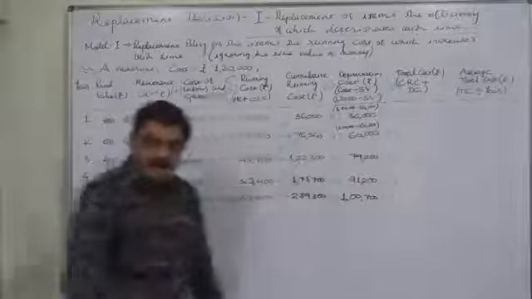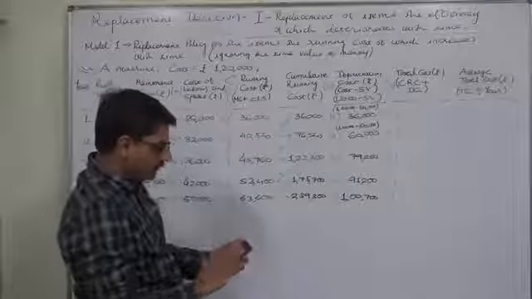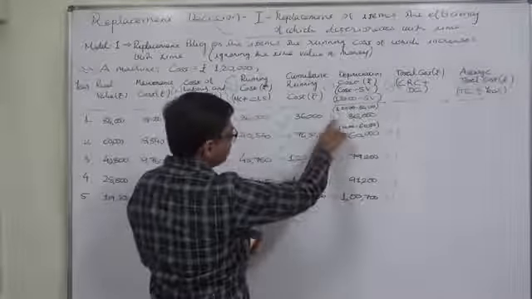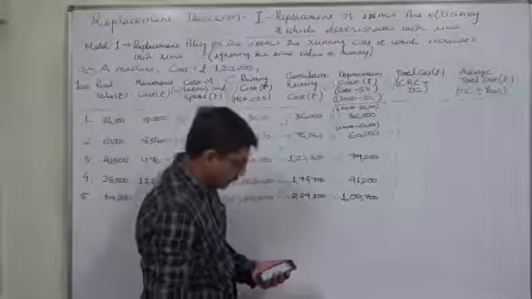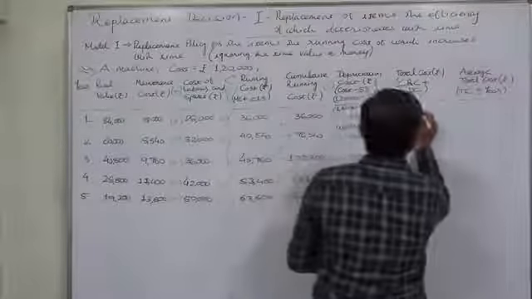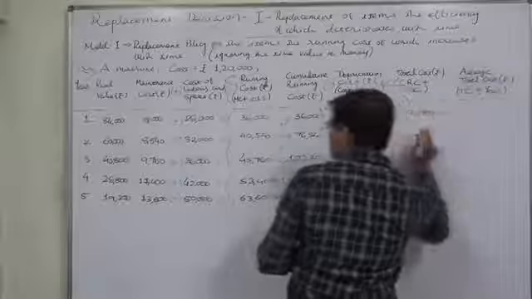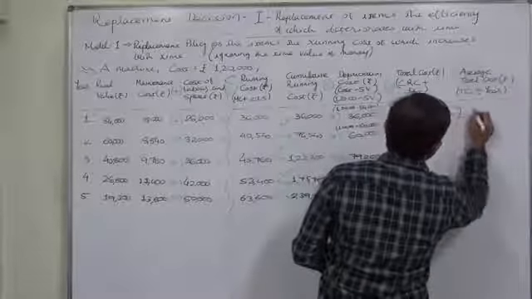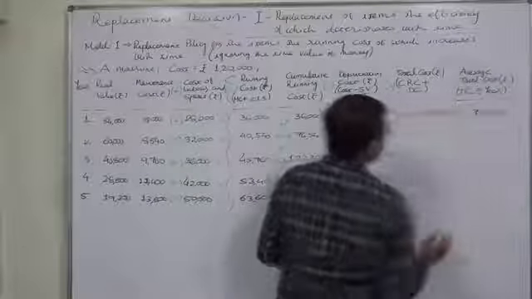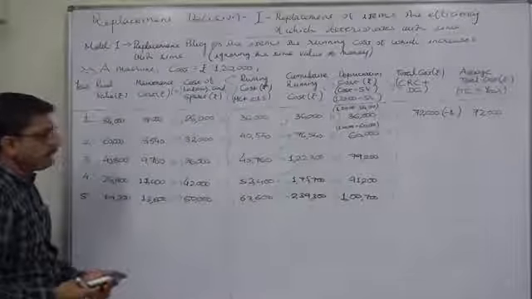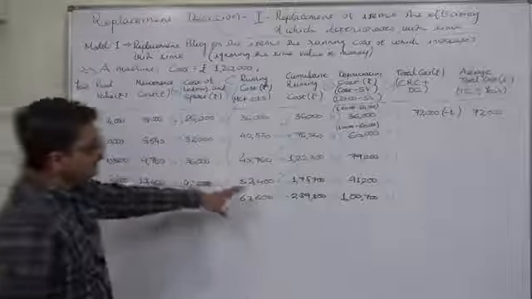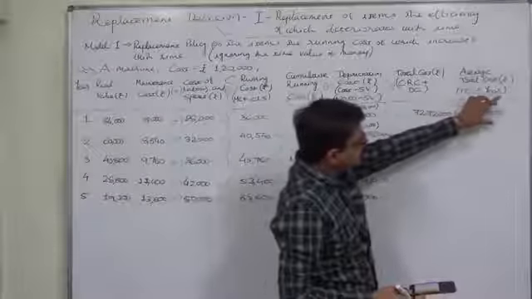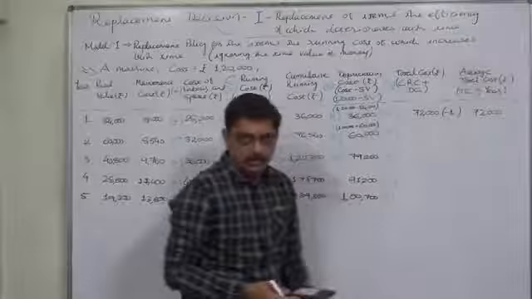The result will be average cost. Now for the first year 36,000 plus 36,000, the total cost comes to 72,000. It is for 1 year only, so we have to divide it by 1. The result is 72,000. The interpretation is, if we use this machine for 1 year, the total cost we have to incur is rupees 72,000.